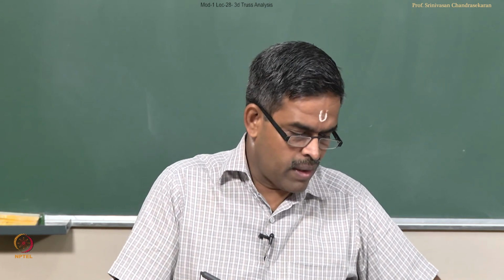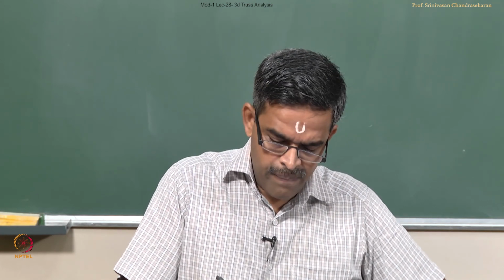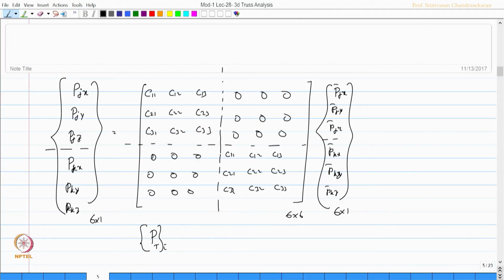So, now I can write this as P of the truss element local will be given by T of the truss element transpose matrix of the ith member, equation number 2.